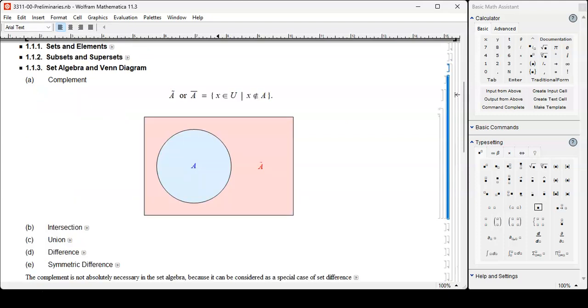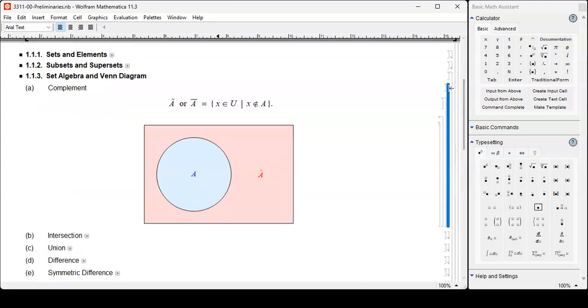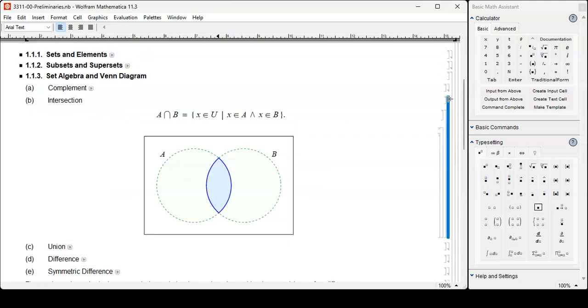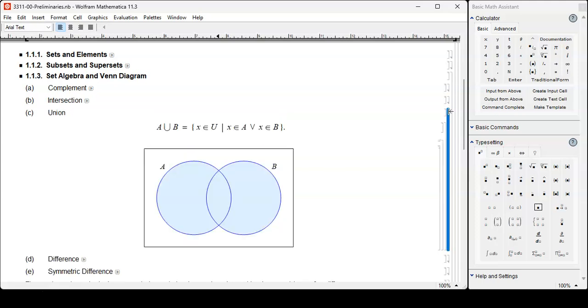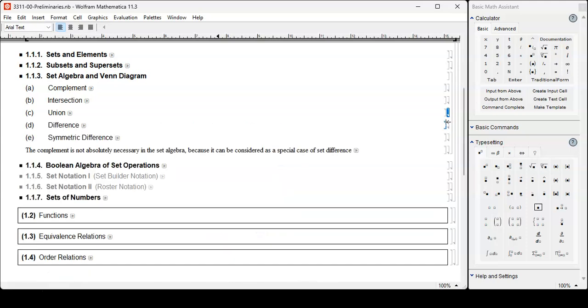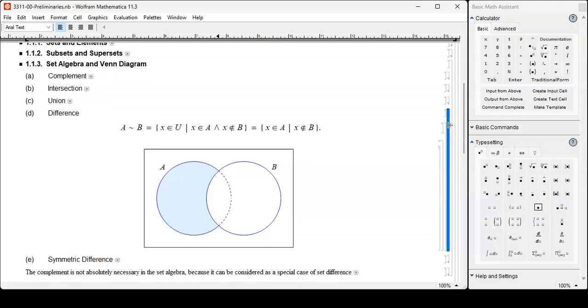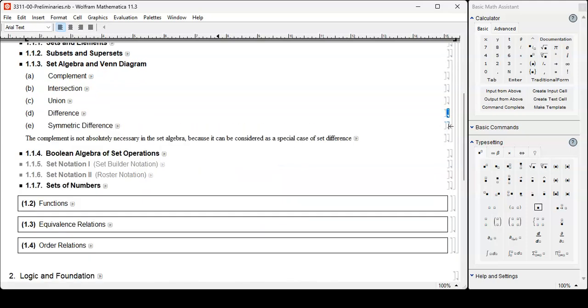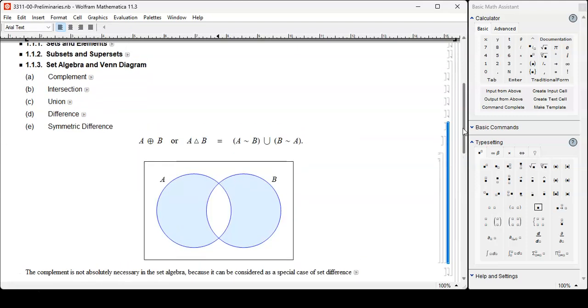In terms of logic, this is not A, A and B, A or B, A but not B, and finally A XOR B, A or B but not both.